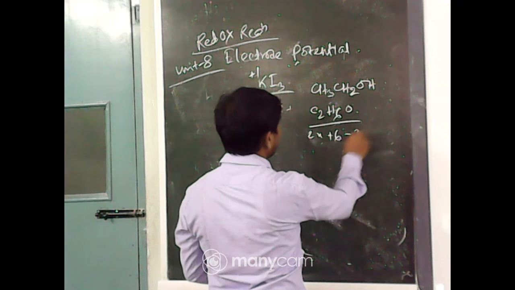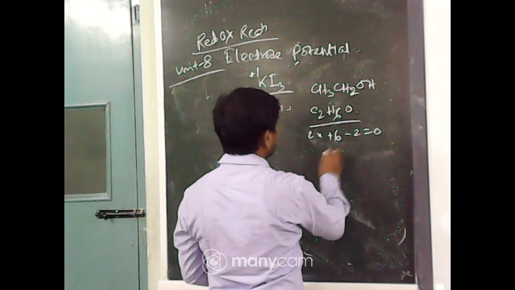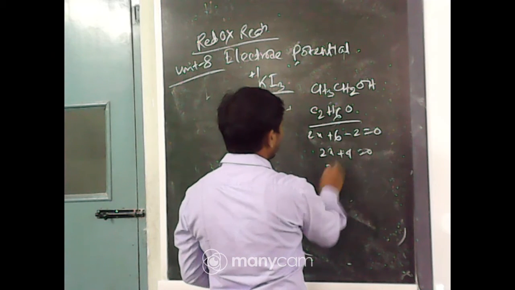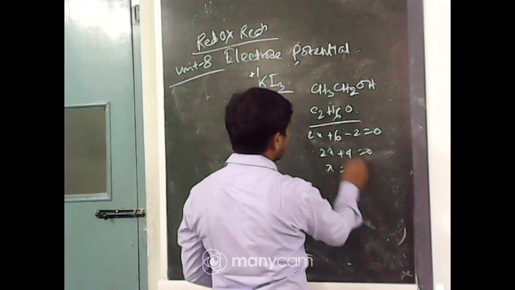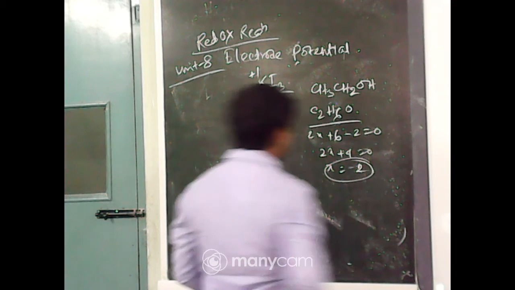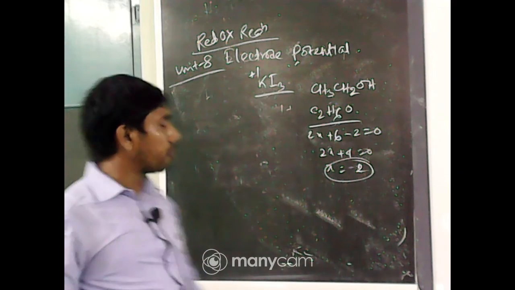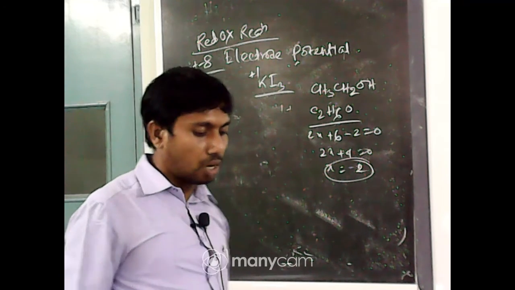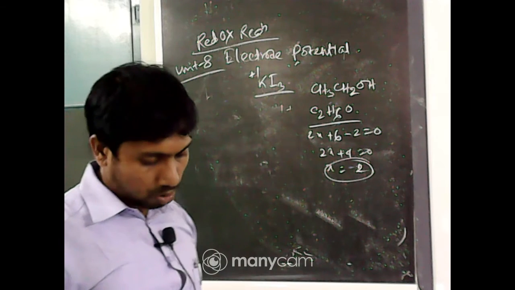Plus 6 minus 2 equal to 0. So 2x plus 4 equal to 0, x equal to minus 2. So the oxidation state of carbon here is equal to x, minus 2. It is the general oxidation state of carbon.